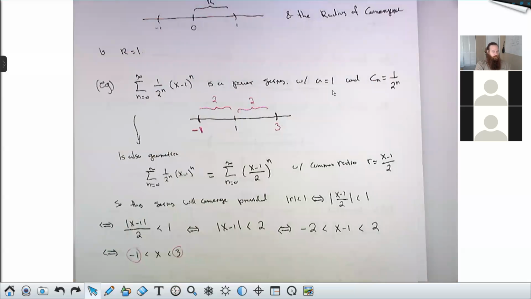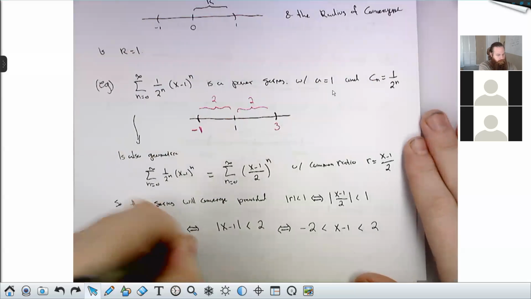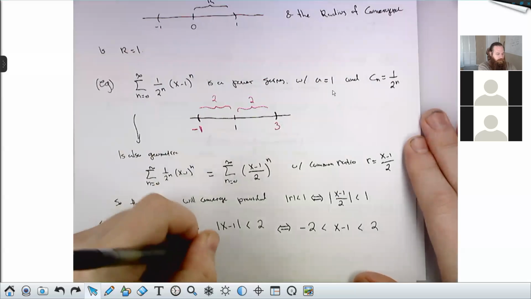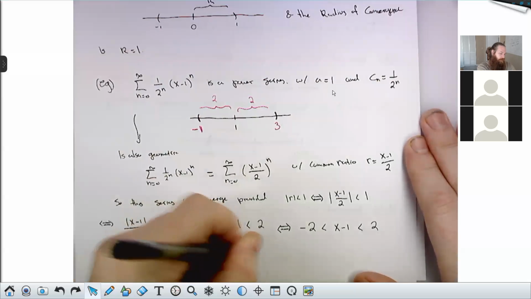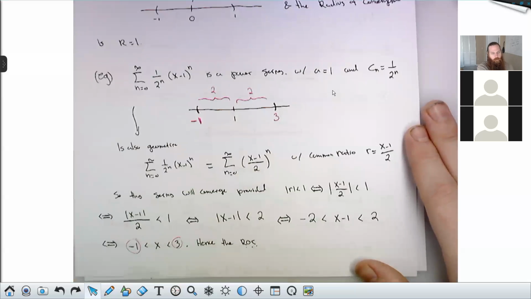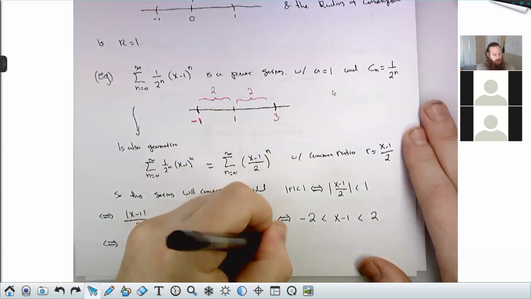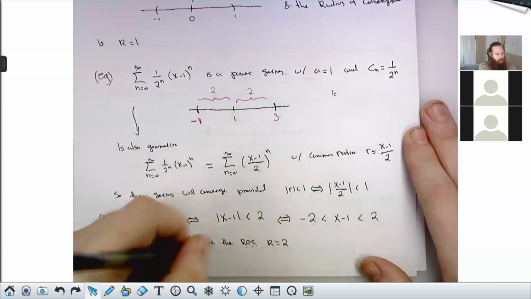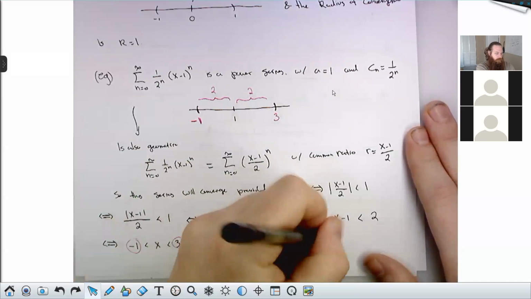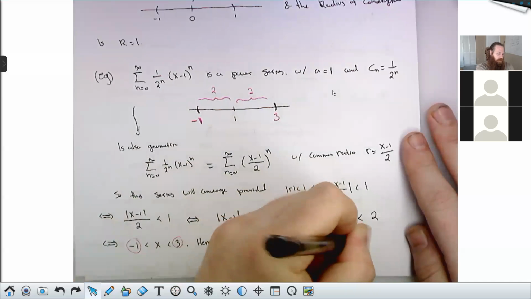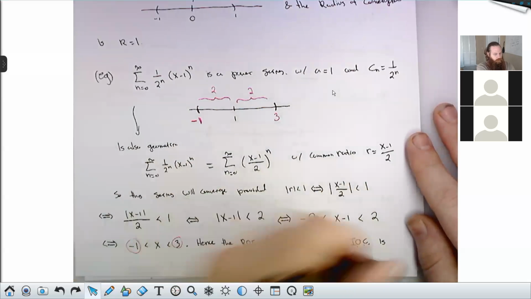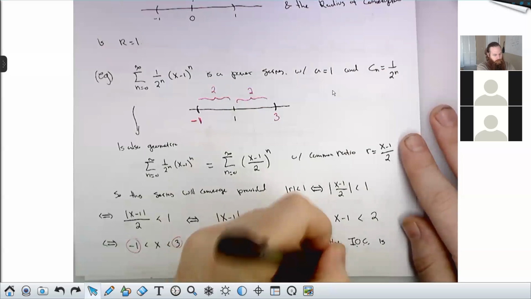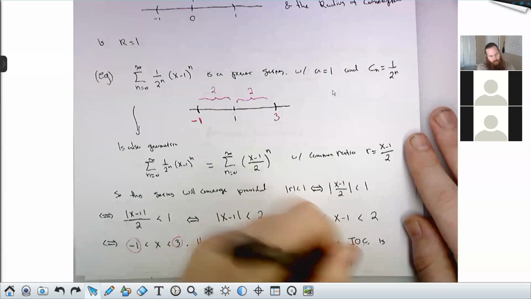So my radius of convergence, which you'll see me abbreviate as ROC, is 2. And the IOC, interval of convergence, is the open interval from negative 1 to 3.